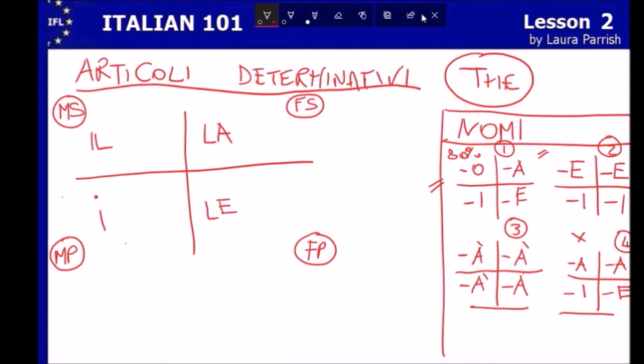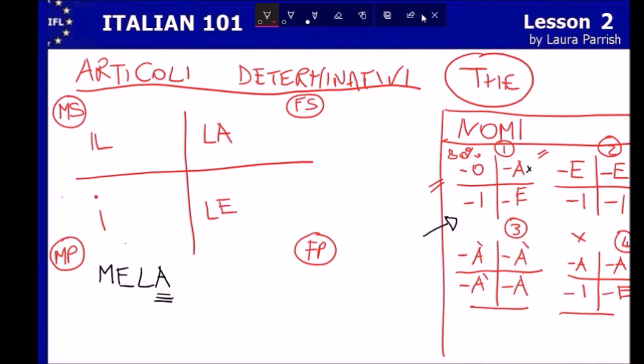Let's start by writing a word, for example, this word that you know means apple. Mela. First things first, to choose the right article, watch the last letter. Is a. So you have to identify in which group this noun is. Why do you have to identify the group?